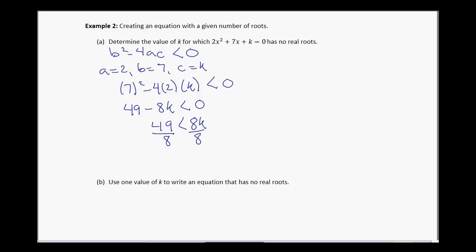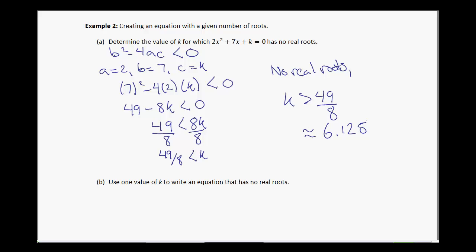Dividing by 8, we have 49 divided by 8 is less than k. So for this equation to have no real roots, we need k to be greater than 49 divided by 8, which is approximately 6.125.